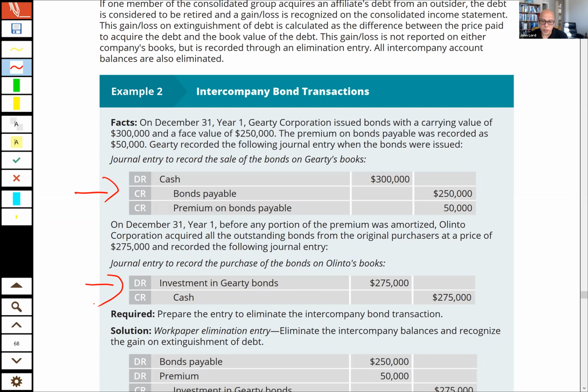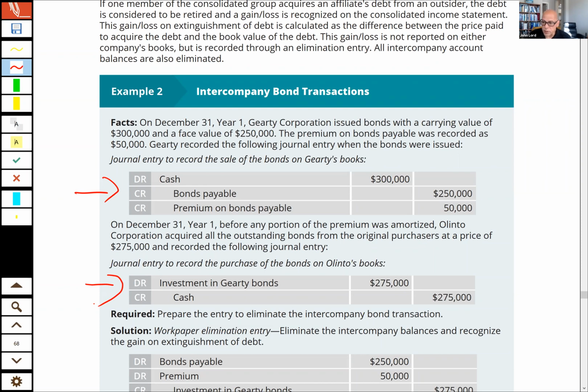When it matures, you get what? You get the face amount back. So you'll get this 250,000 back when the thing finally matures, right? You bought it for more than face, you'll get the 250 back when it matures.